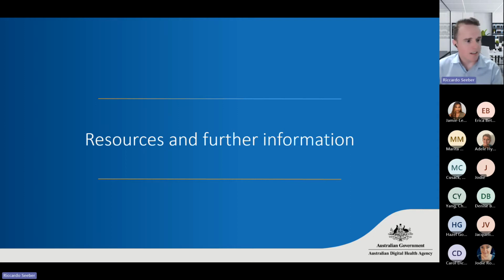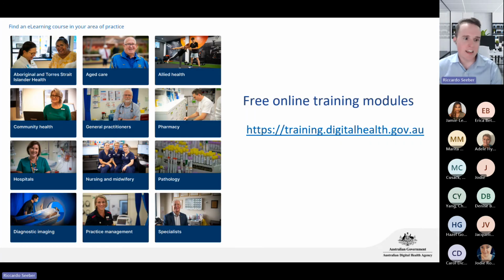So there we have it, with resources and further information that can be provided by the ADHA via online training modules. The access to these training modules is free, but there is a registration process, which is really easy.